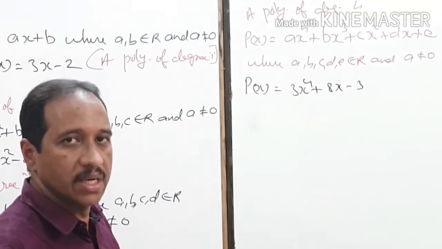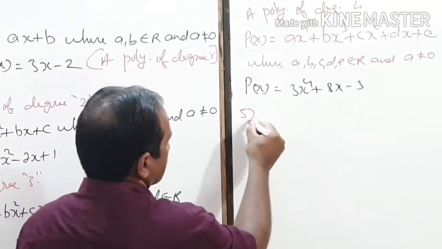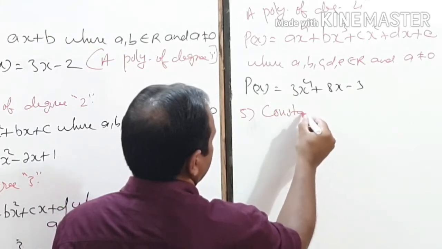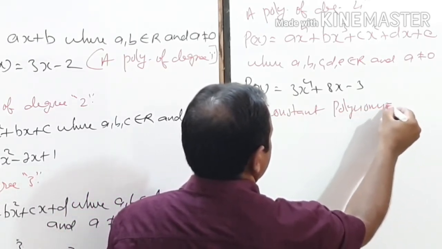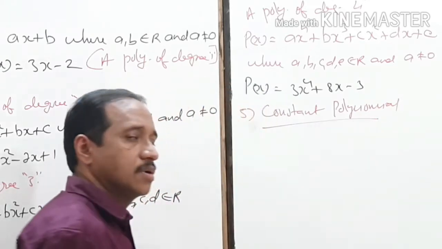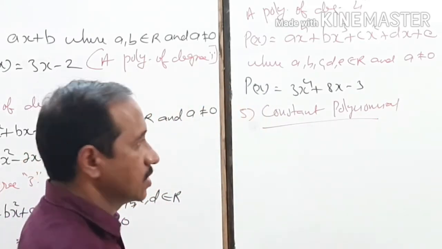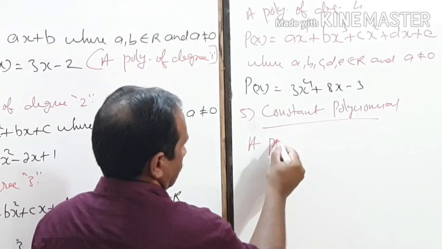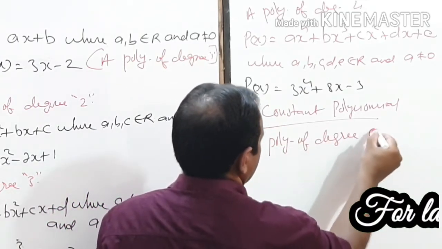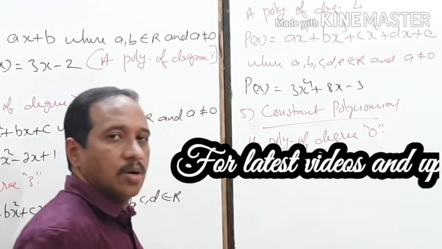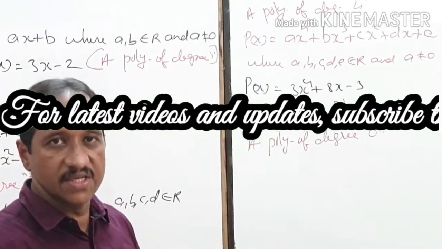The next polynomial is constant polynomial. A polynomial of degree 0. What do you mean by a polynomial of degree 0?